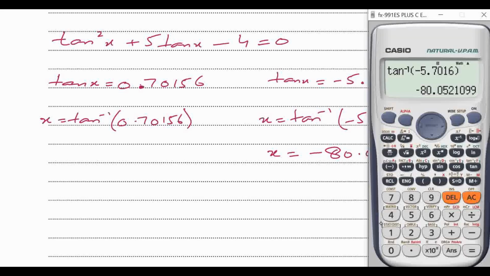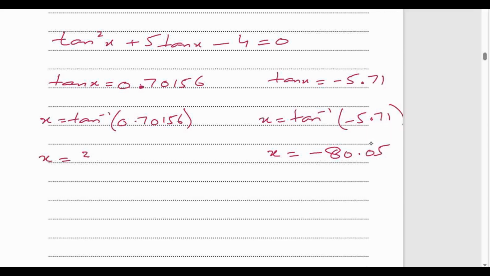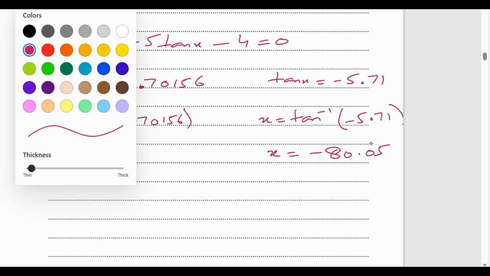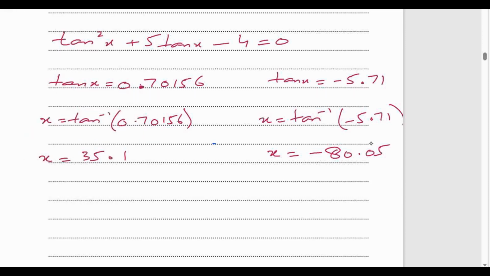सेकेंड केस में we can see 0.70156. So here this will be equal to 35.1. So x will be equals to 35.1. Now from here this is a very important point.